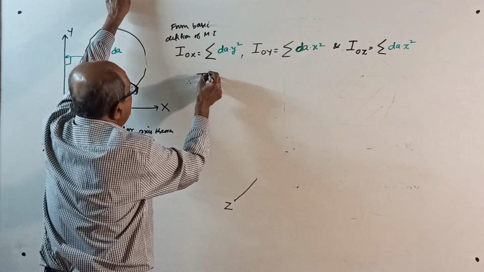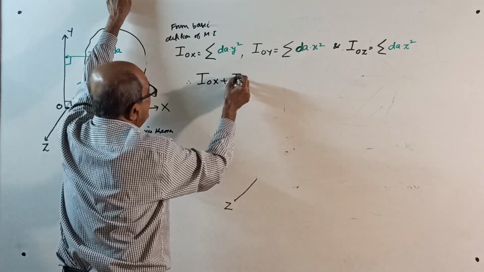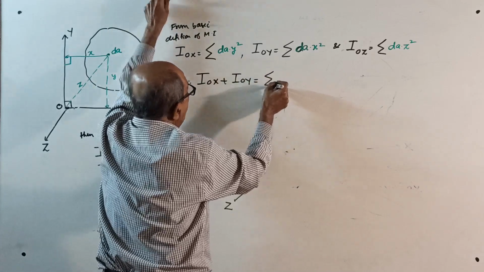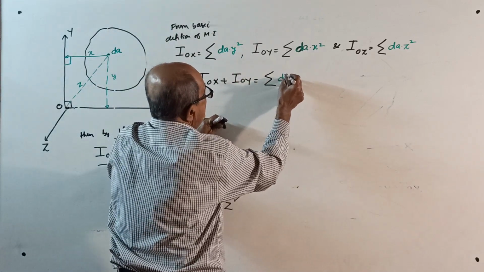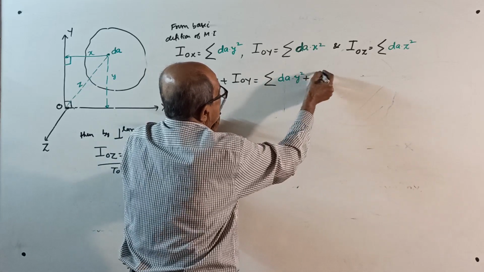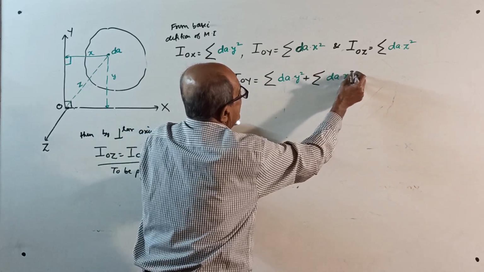Therefore, I about OX plus I about OY equals sigma of dA into y square plus sigma of dA into x square.